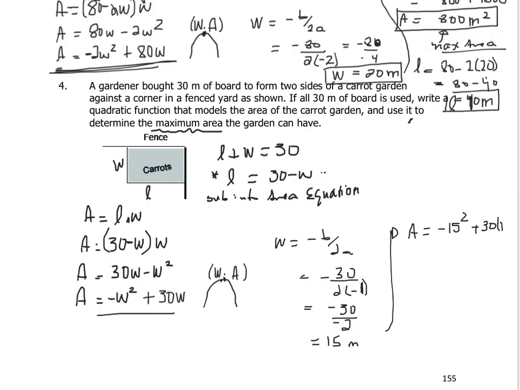So we're just filling it back in to the area equation that we have over here. So 15 squared, I believe, is 225. So that would be negative 225 plus, and 30 times 15 would be 450. So if you add those two together, you're going to get 225 meters squared for the maximum area.